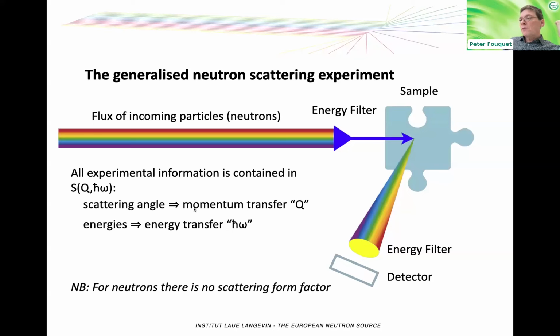The information that you extract, you normally categorize by splitting it up into what's happening at different momentum transfers and different energy transfers. You do that because splitting it up in this way gives you a lot of information that lets you compare the data to, for example, molecular dynamics simulations.